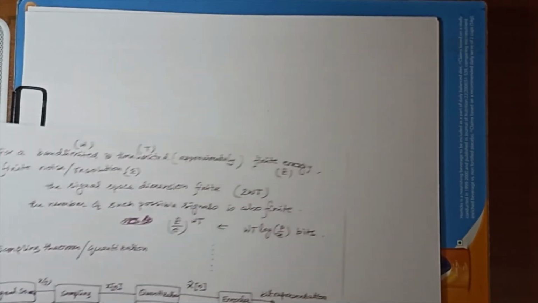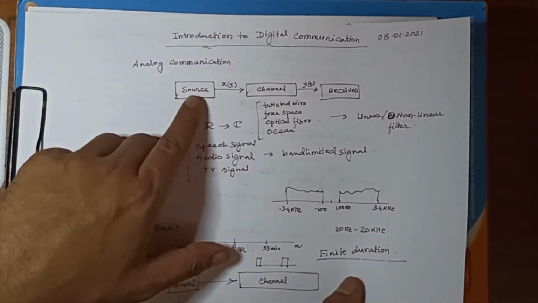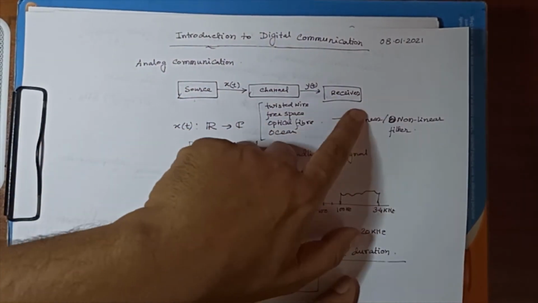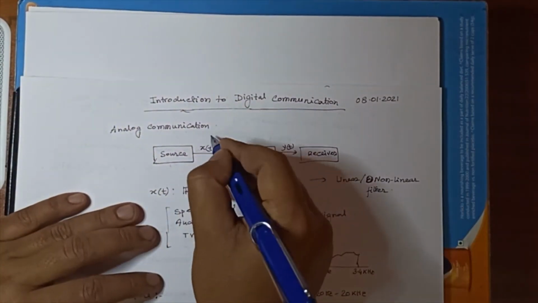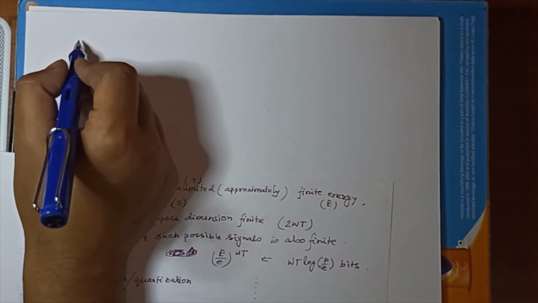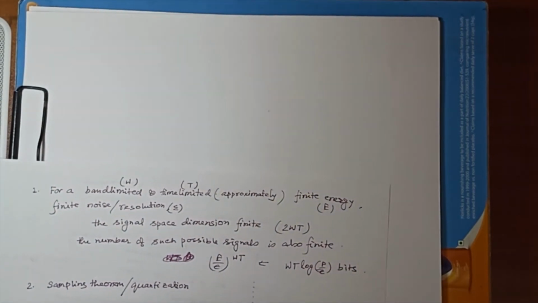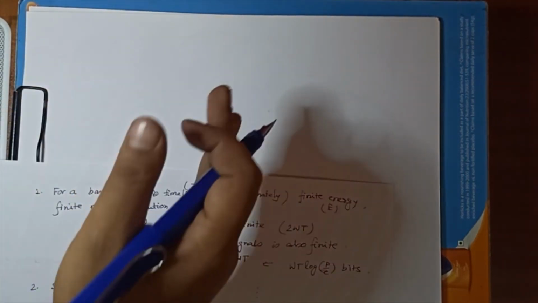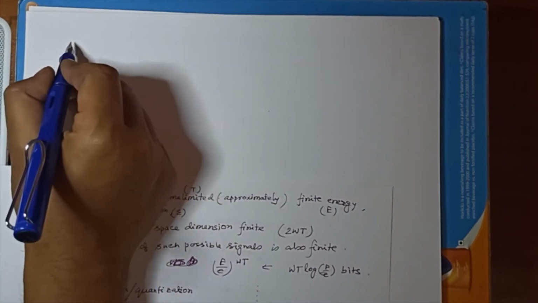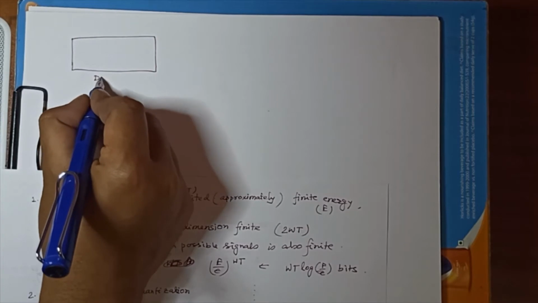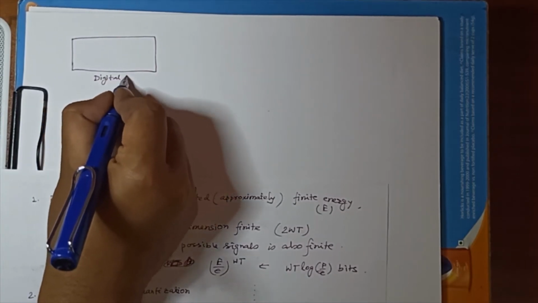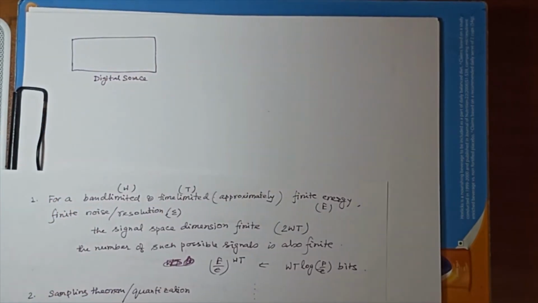So this was the original block diagram where you have source, channel and receiver. Now from the source, here we have put the ADC converter. So this entire thing I am writing as ADC, such that I have the binary representation or bit representation at the output of the source. So we can call that the digital source, and this digital source has these 4 blocks.